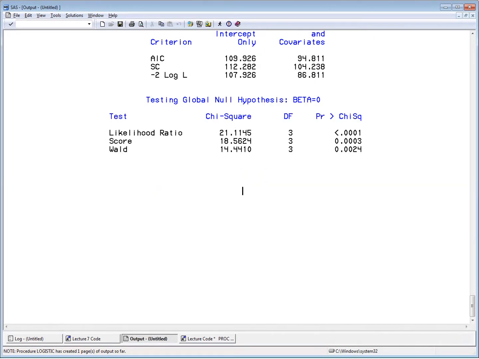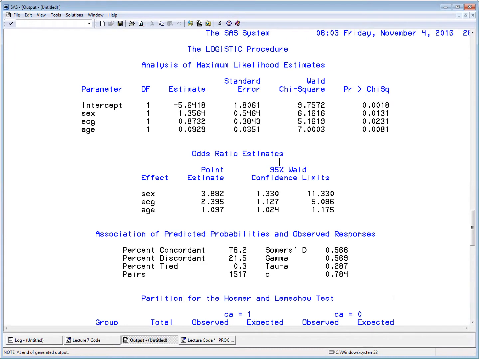So here are our global tests of model significance. Notice that they're all very small. That's indicating that there's strong evidence that at least one of our variables is useful in predicting coronary artery disease. Here is our model equation as well as type 3 p-values for each of our variables.